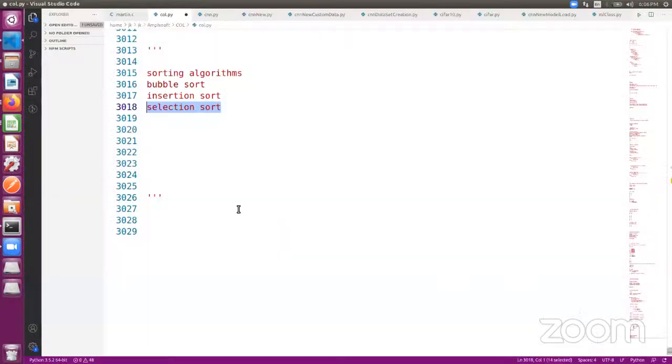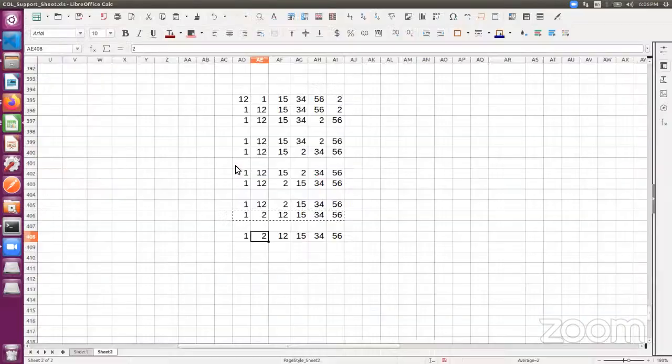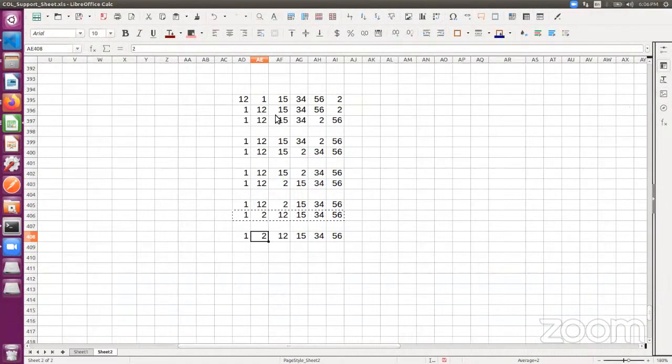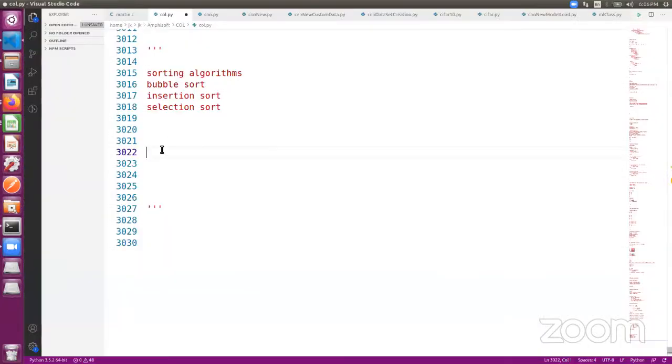Okay. Fine. Now let us try to implement it. So if you see the implementation, what should be the range of the first for loop?